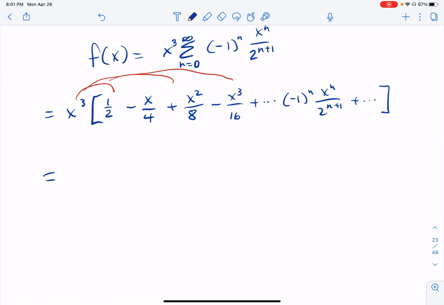Okay, so this is going to be x cubed over 2 minus x to the fourth over 4. Notice I'm just adding 3 to each one of these exponents here, plus x to the fifth over 8 minus x to the sixth over 16. Yeah, right?